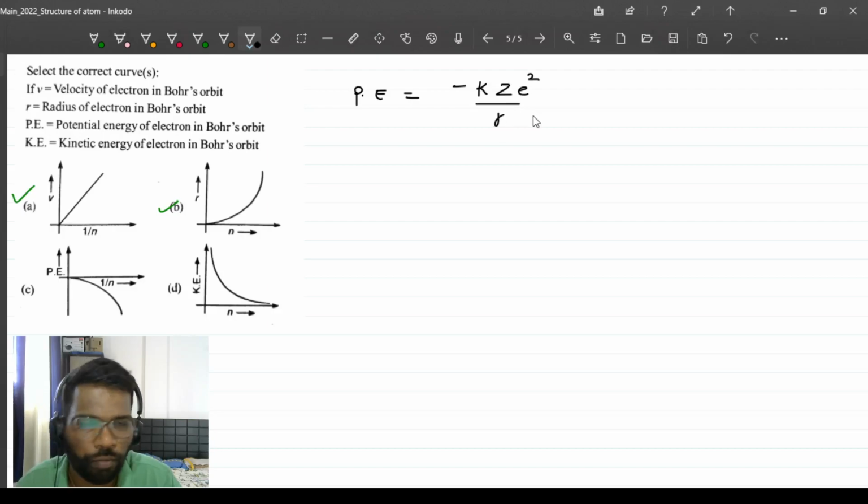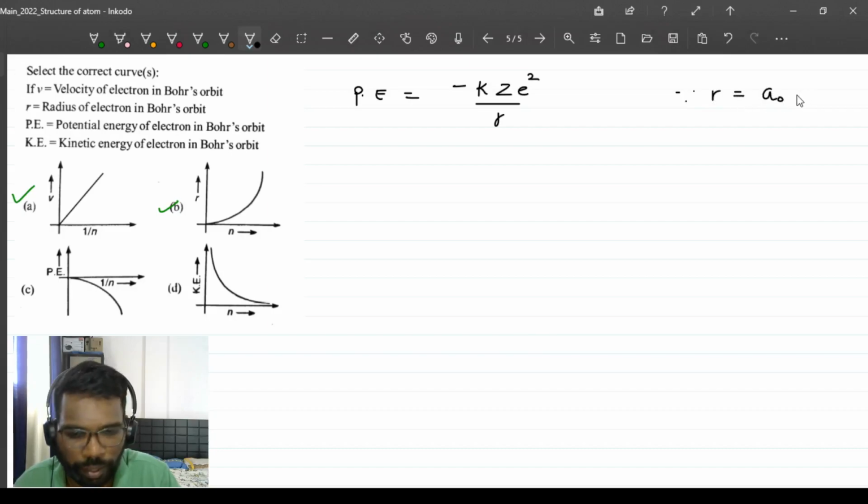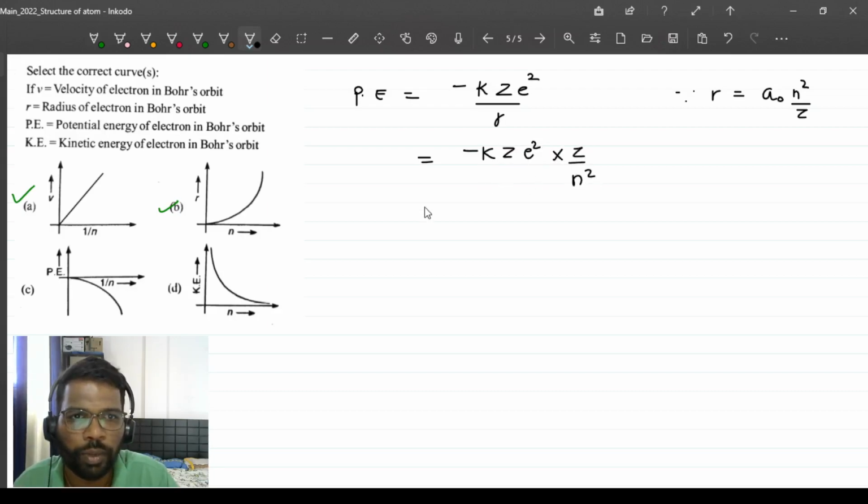This is what we were getting, right? But since r is equal to a naught into n square by z, what I'll do over here is substitute for r. It will be minus kz e square, and this will be z upon n square.